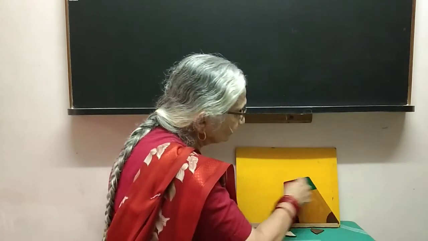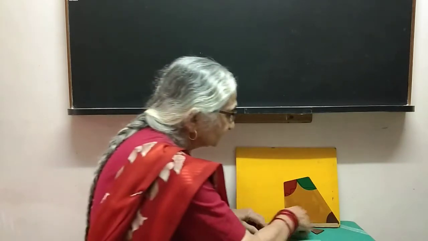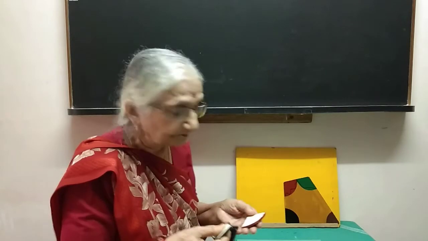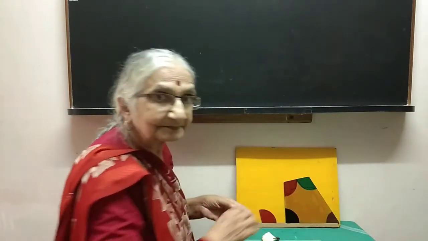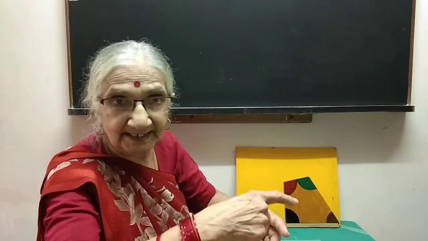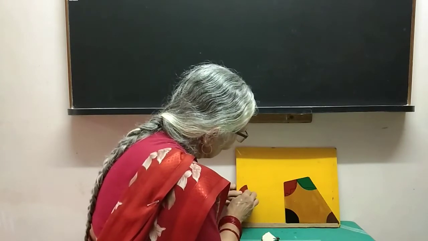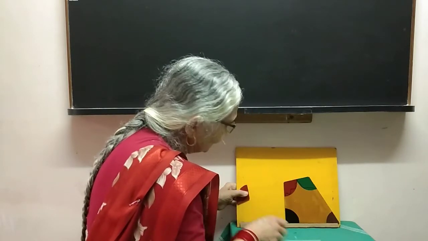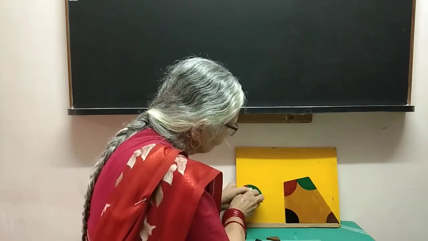So now we want to show that the sum of these four angles is 360 degrees. Now we will not arrange them like this on a line, because 360 degrees is not going to form a straight line or a straight angle. So here is one of them, here is the other one.